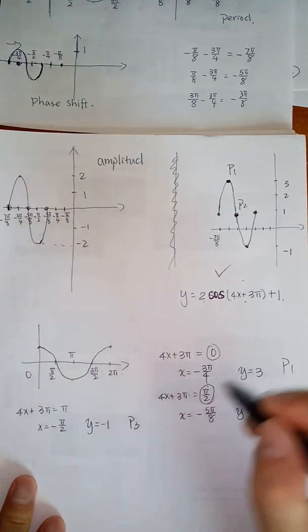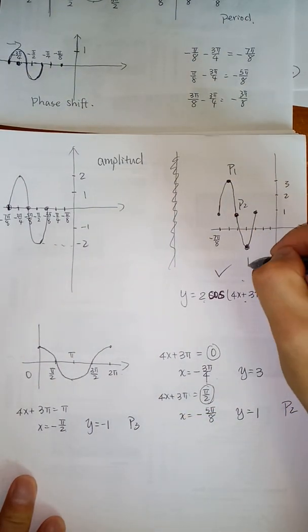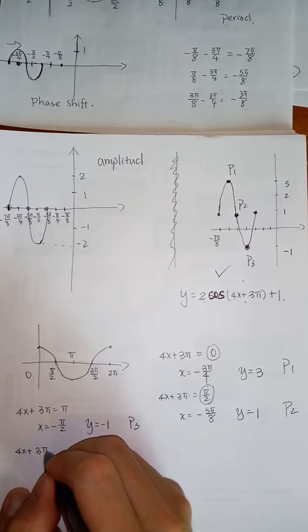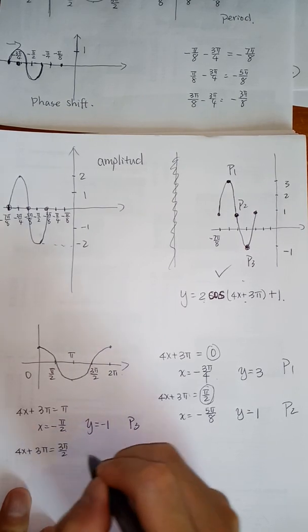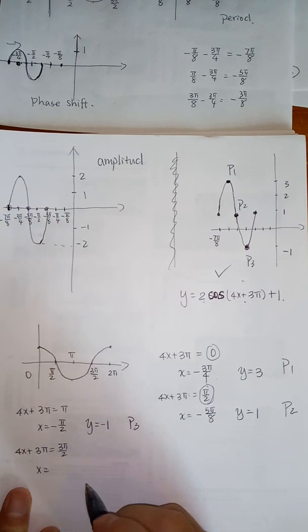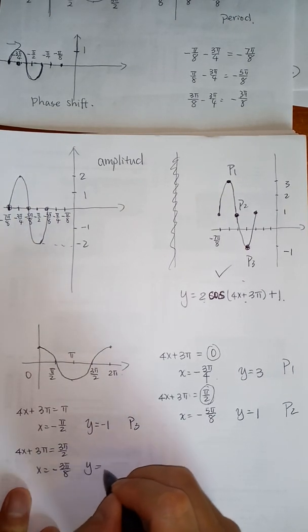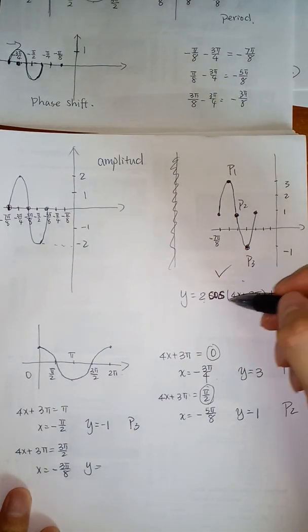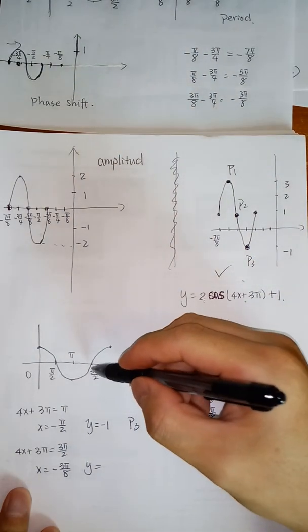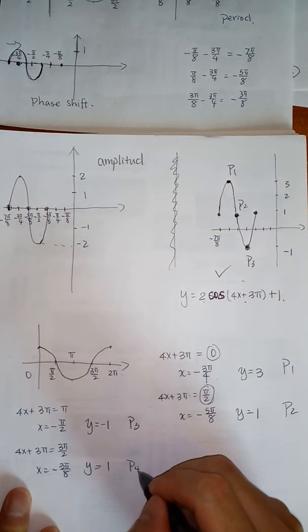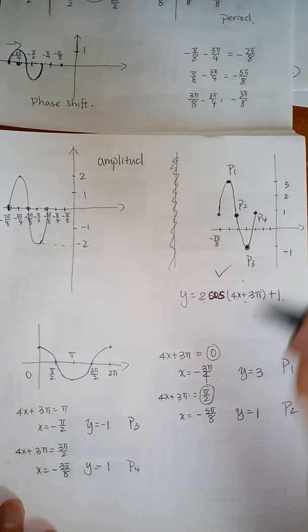P1, P2, P3. And you continue this. 3 pi over 2. Then x is negative 3 pi over 8. Then y is equal to, this part is 0. So the first term is 0 plus 1 is 1. And this point is P4.